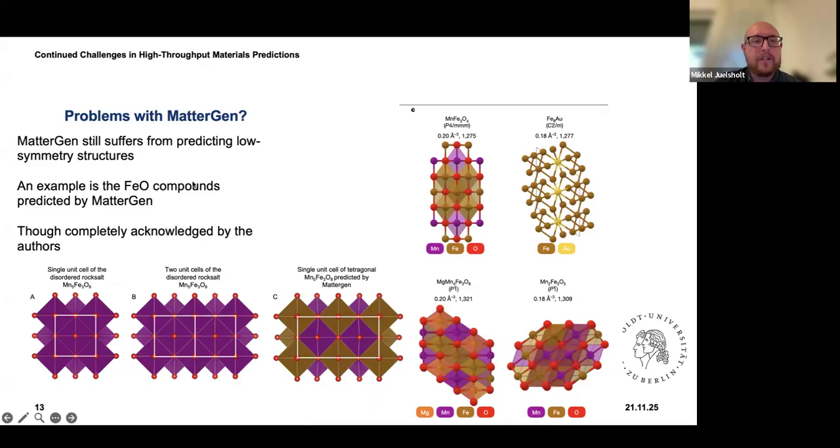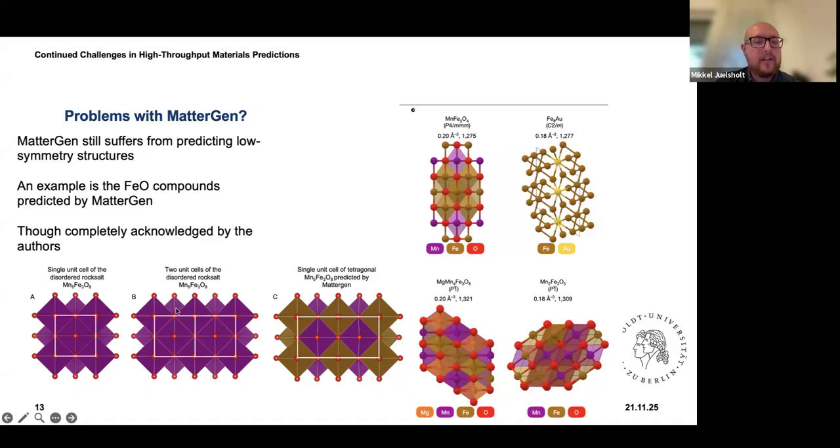The best examples, which is what I highlight in this paper, are the manganese oxide structures. You can see the structures that they choose to show in the MatterGen papers are a lot of P1. This one is tetragonal. But they're basically all just versions of a rutile structure.